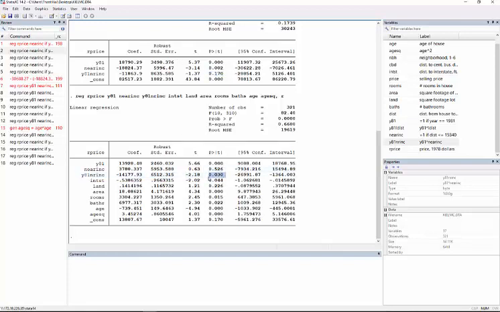That means that now you can reject at the 5% level and say that this is significant. So when you control for other explanatory variables, you can see that the interaction term is significant.